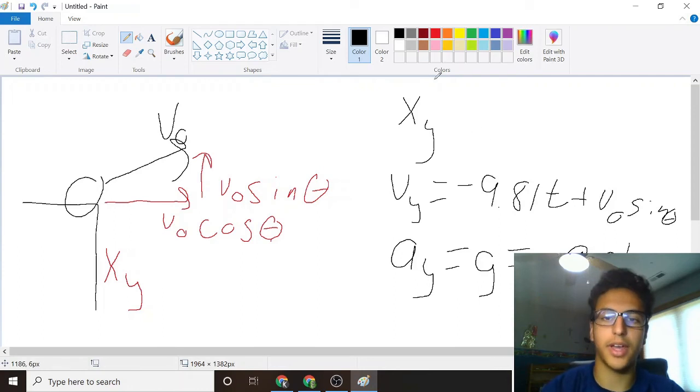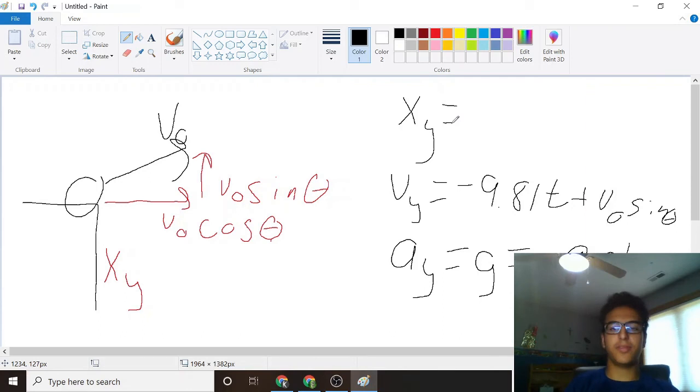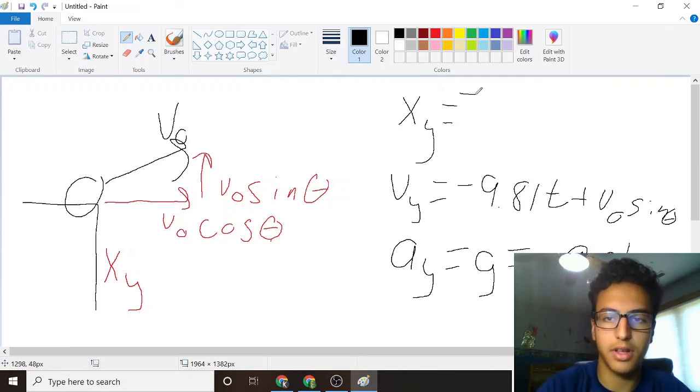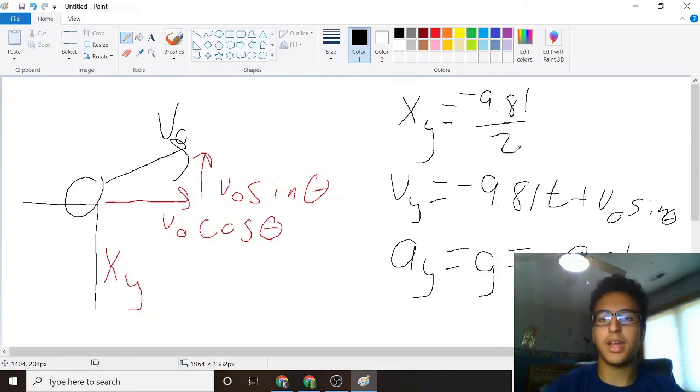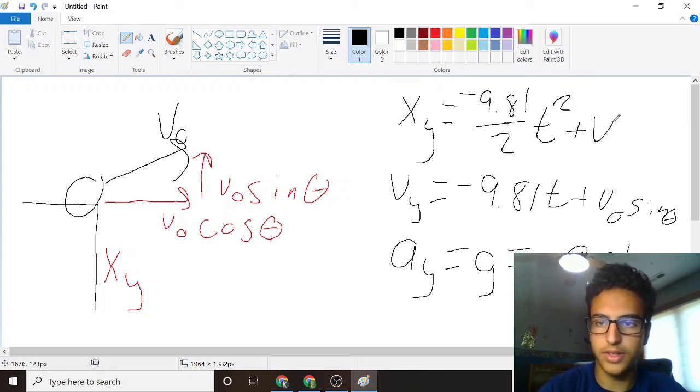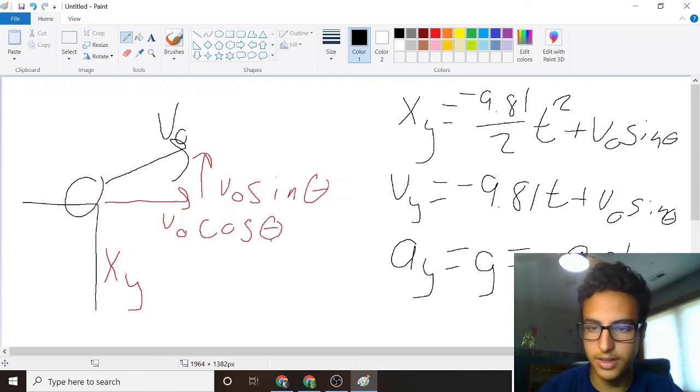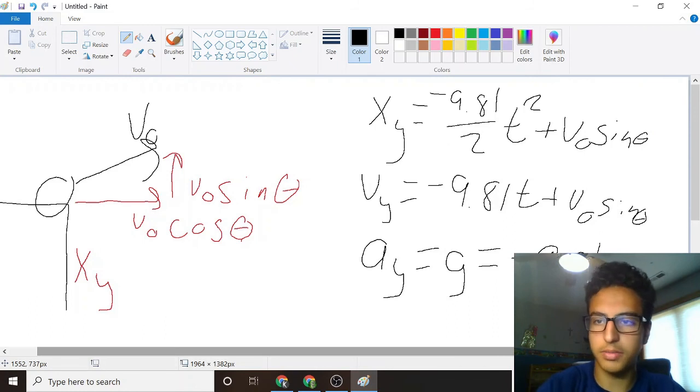Okay, what about displacement in the y? Well, we can use our kinematic equations again. We have velocity and we have acceleration. We can find displacement. And just using our kinematic equations, we can see that the displacement in the y will be minus g t squared over 2 plus v naught sine theta t plus the initial displacement in the y.